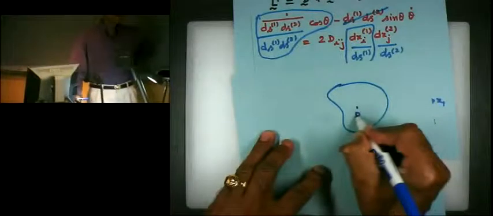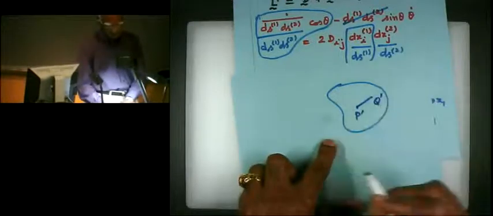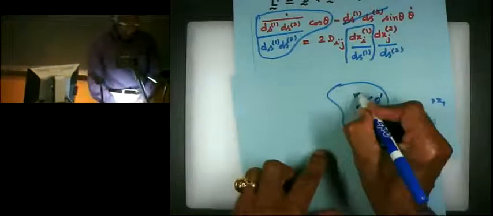This is the point P prime. There are infinitely many vectors passing through P prime. Along which direction? So we are calling this M. So find M.